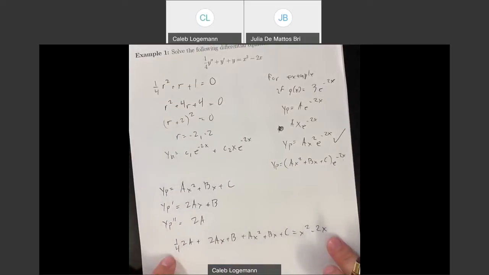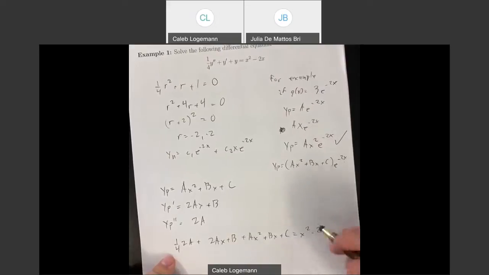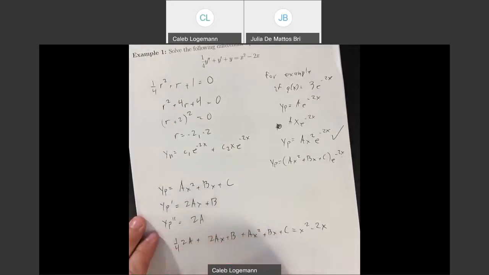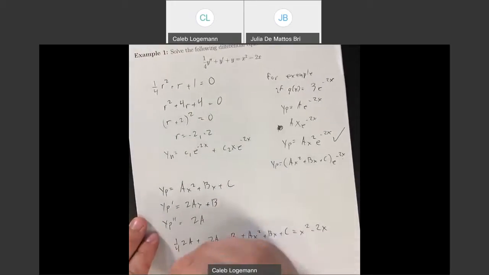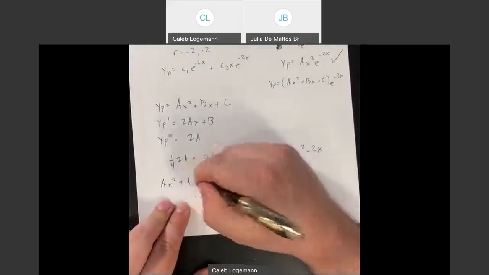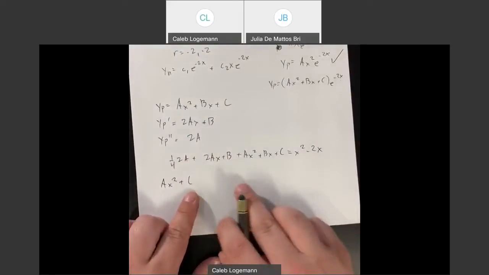When we do this, we want to combine all of the powers of x. So we want to make the left side something times x squared. In this case, ax squared is our only x squared term, plus something times x. So we look at all of our x terms.